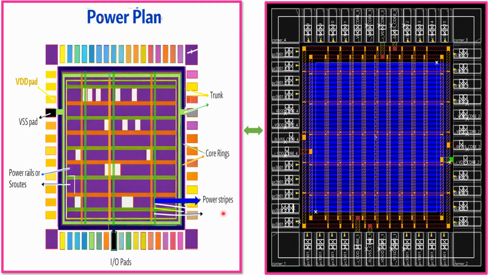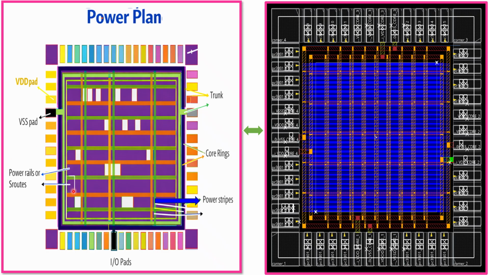So what do the power stripes do? These power stripes on both ends connect to the core ring. They are always created in the top metal layer, and these stripes supply the power from the core ring to the power rails. So what do the power rails do?